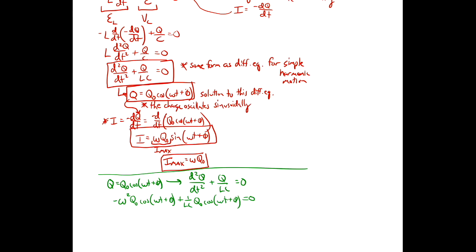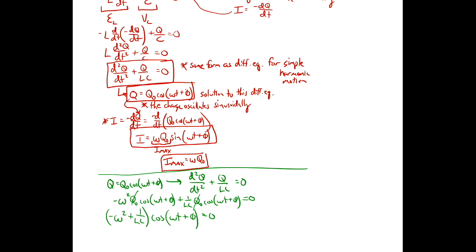I've got a Q naught in both terms and a 0 on the other side, so those are gone. And then I'm going to factor out the cosine omega t plus phi. So now we've got minus omega squared plus 1 over LC times that cosine function equals 0.